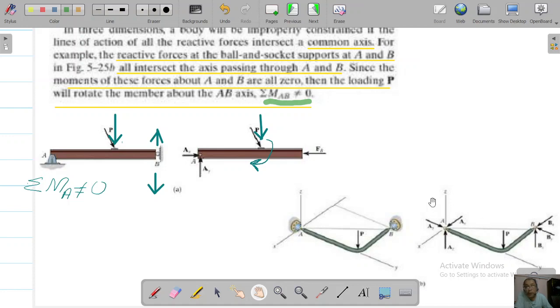Since they are intersecting, there is no moment about A and B from them. So we can say that this force P, the load which we applied, will create a rotation, basically a moment, and that is why we say that the summation of moments about A and B is not equal to 0.